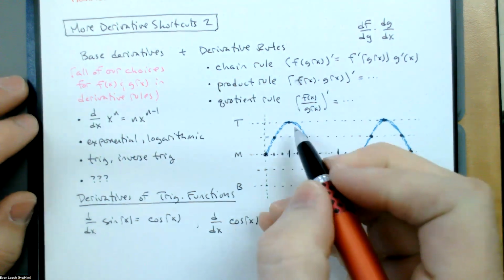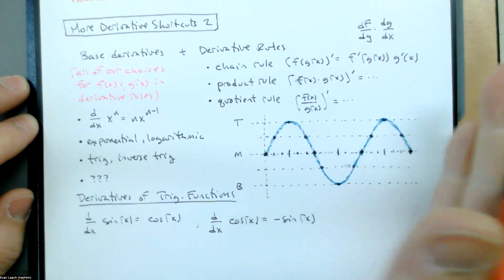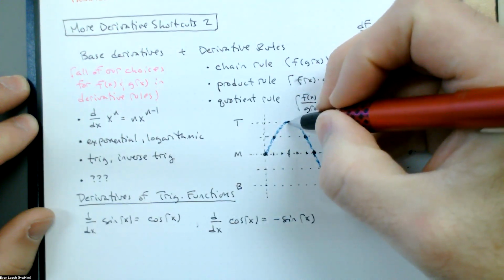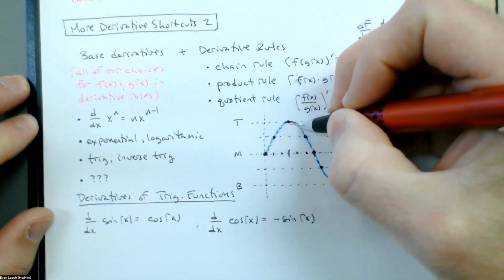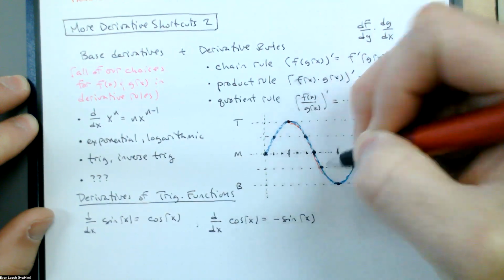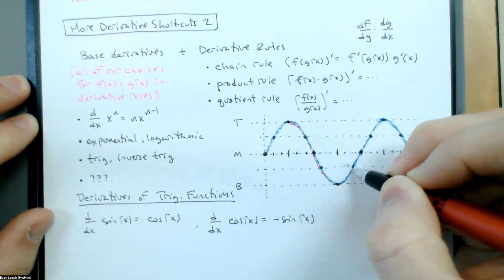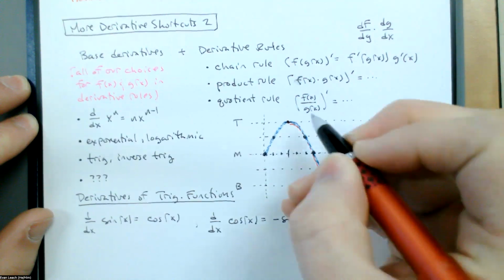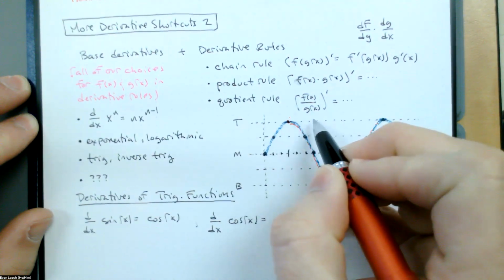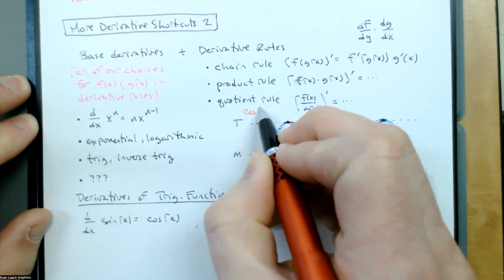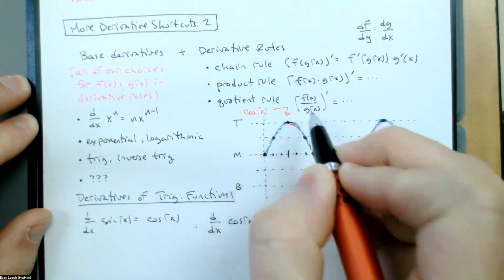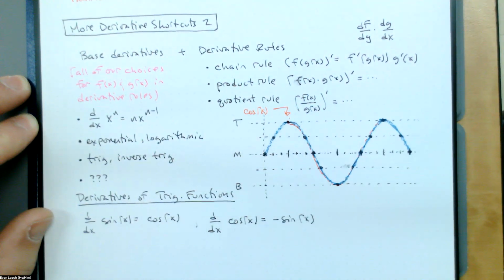So cosine starts up here at the top. If I want to take this, I could just shift it all over, or I could just draw the cosine starting up here. So our cosine starts up at the top. Our sine starts in the middle.